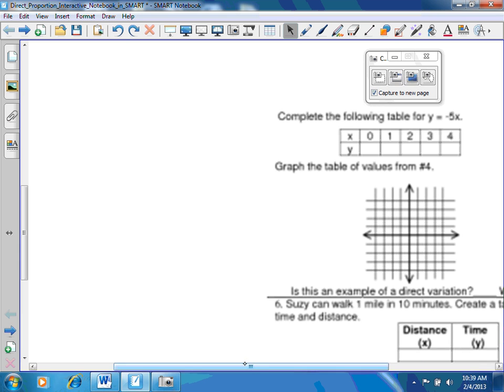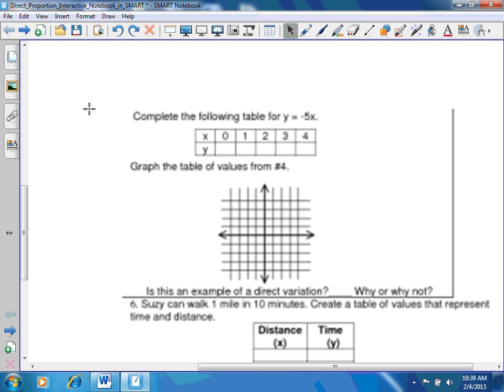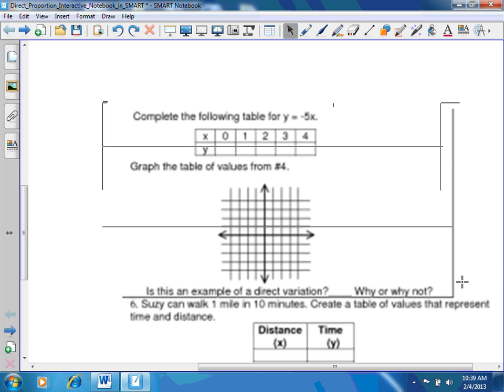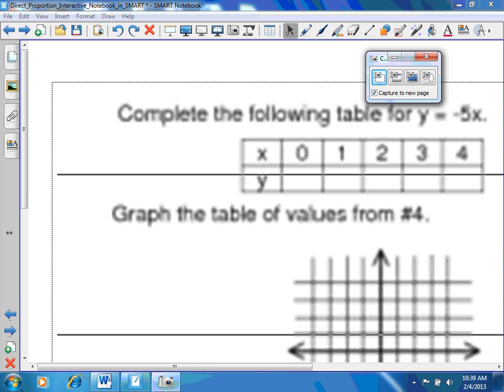Okay, the next problem I want you to cut out is this right here, where it says complete the following table, y equals negative 5x. I'm going to glue that underneath the Susie problem.